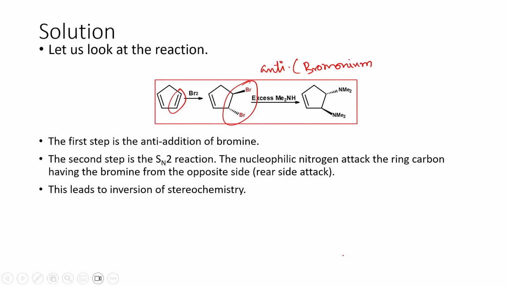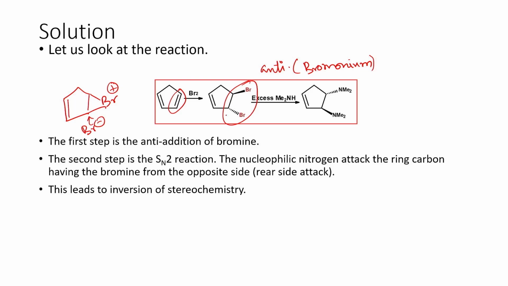That cyclic bromonium ion, when it is formed, will be opened up in the second step by the bromide ion attack. So we have a bond here, we have bromine here, and this will have a positive charge. When we draw the structure, the second bromide ion can attack from any one of the carbons, but it has to attack only from the opposite side. So that is how we say.